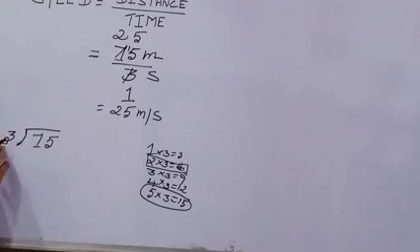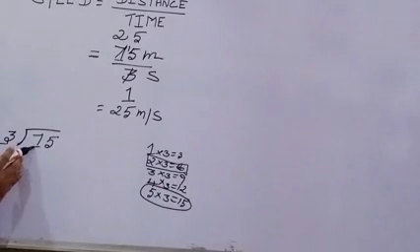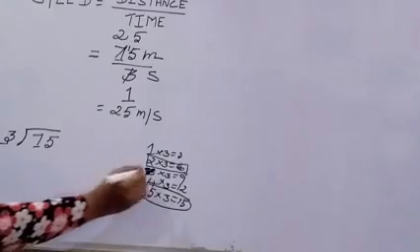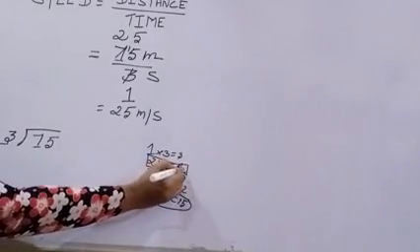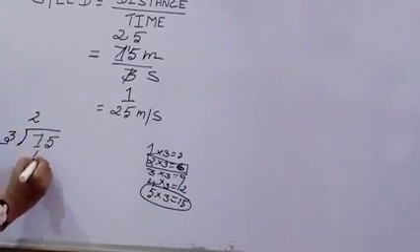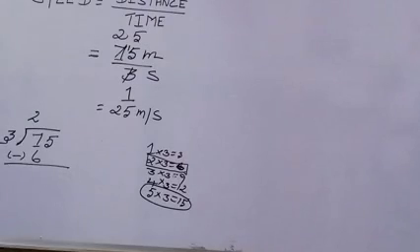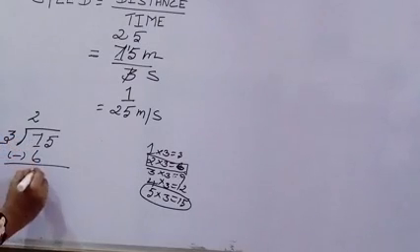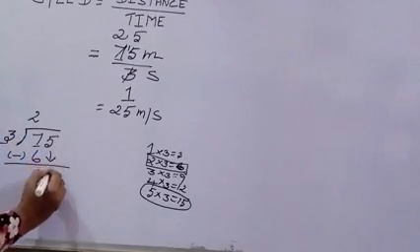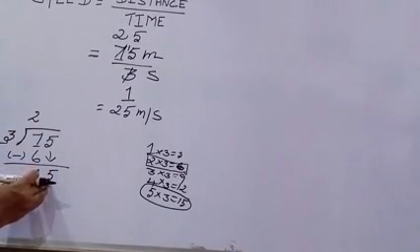How many times 3 in 7? 3 3s are 9, but we need below 9 only. 2 3s are 6, so 2 times. Division is repeated subtraction. So 7 minus 6 is 1. Bring down 5. Now you get the dividend 15.